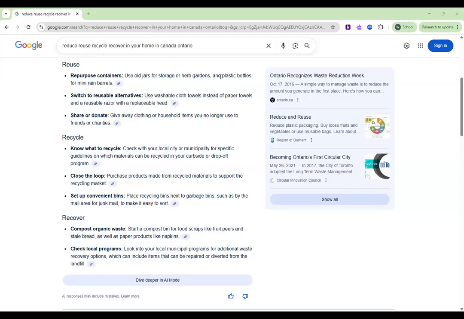In our community, there are some places around town that will take lightly used household appliances, clothing, all that kind of stuff. And sheets, blankets, pillows, any of those.